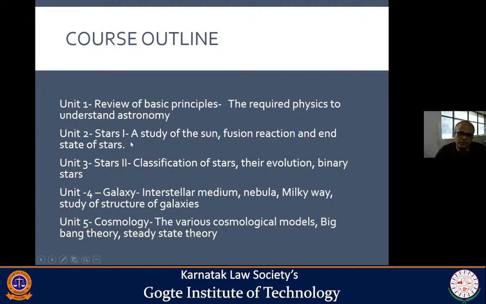So if you see this, the journey we do in this course is we start with the stars, then we go to the larger structures and their contents, and then we look at the largest structure that we have, which is the cosmos. So this is what we are going to do in this course, and The Physical Universe by Frank Shu will be used in this course.